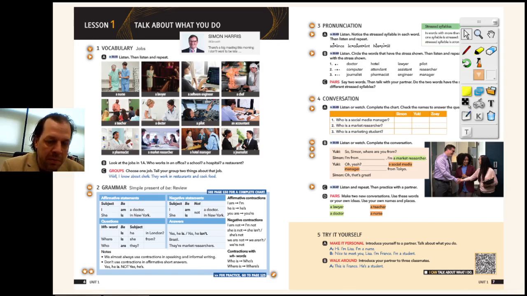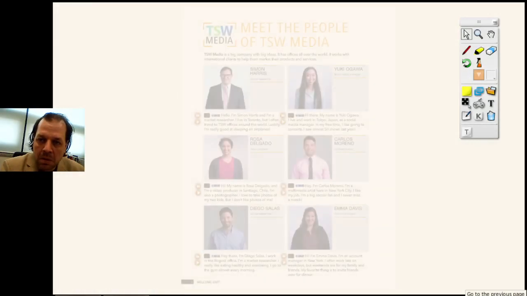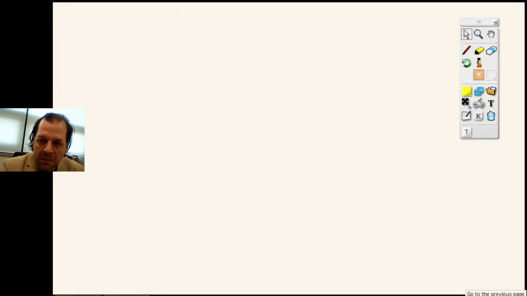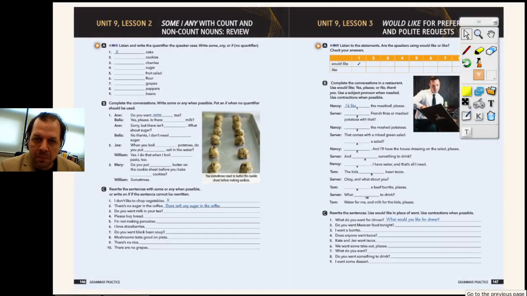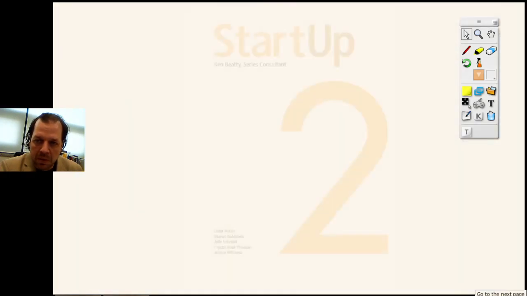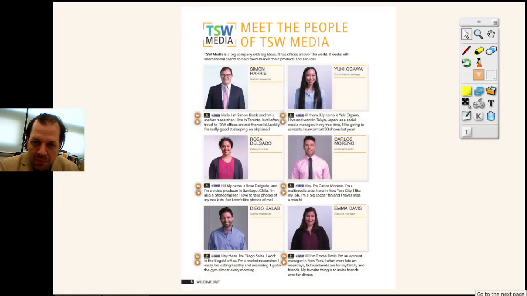First thing I want to point out before we get into lesson 1 is way back here, if they can show it. There are a few extra pages at the start. But there is a page in your student book that tells you the learning objectives for each unit.